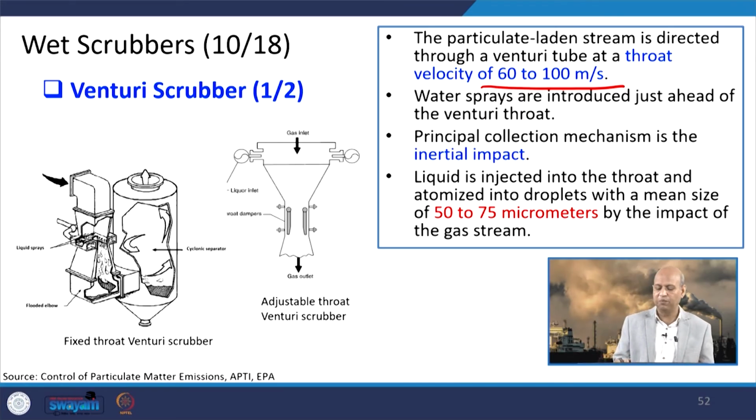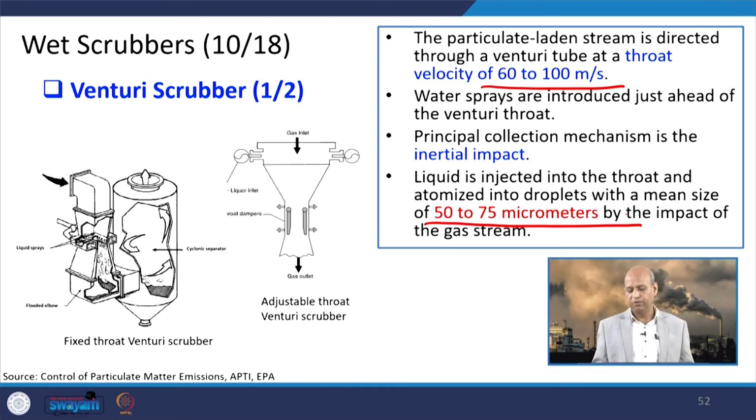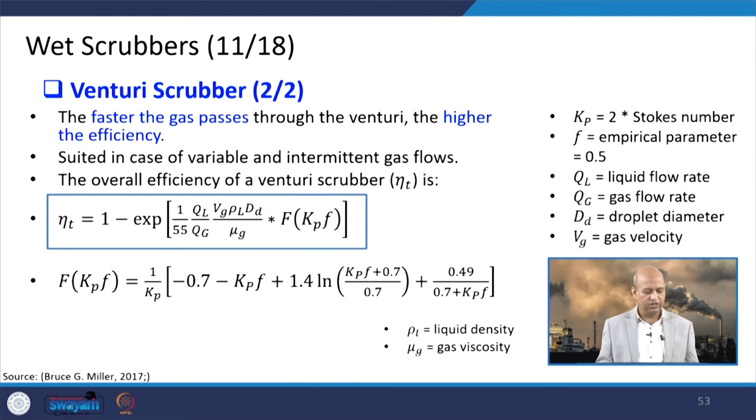So, inertial impaction occurs, and that can remove these particles, and particles of mean size like 50 to 75 micrometer can get removed very easily. These are the empirical relationships for calculation of efficiencies. Again, liquid density, gas viscosity, all those parameters are used.